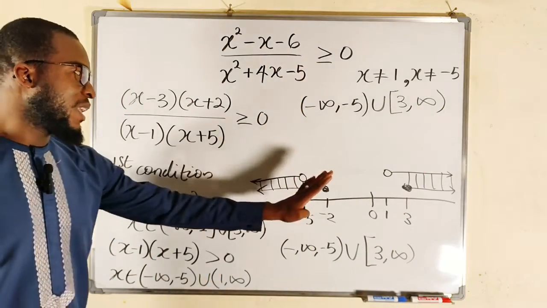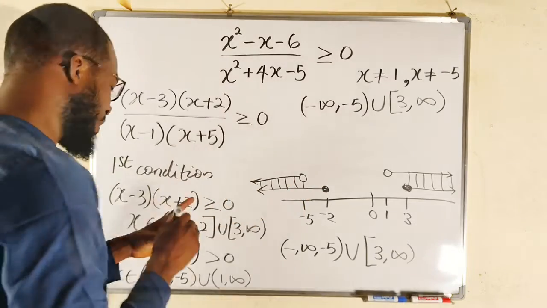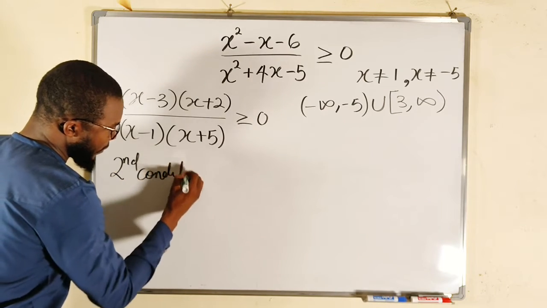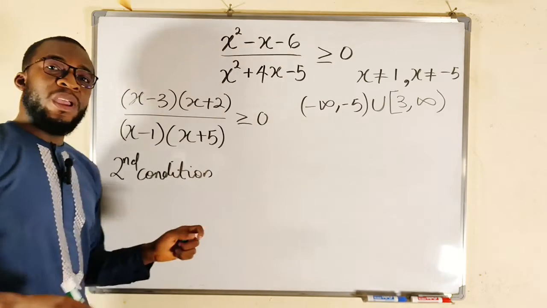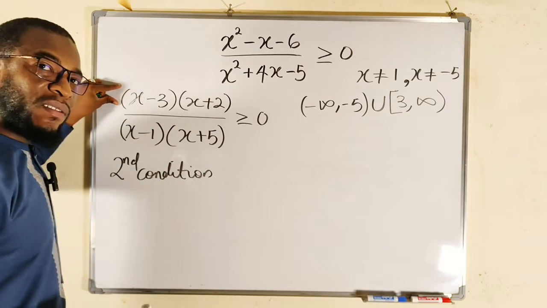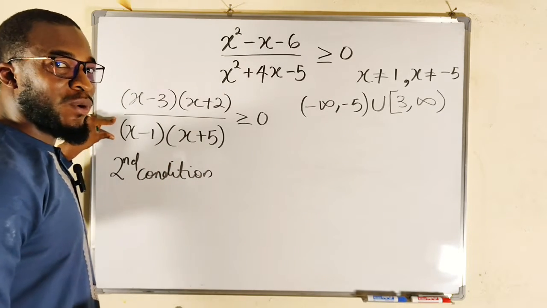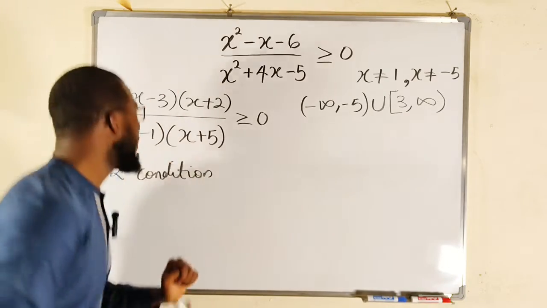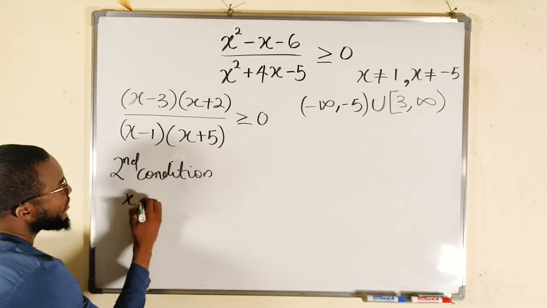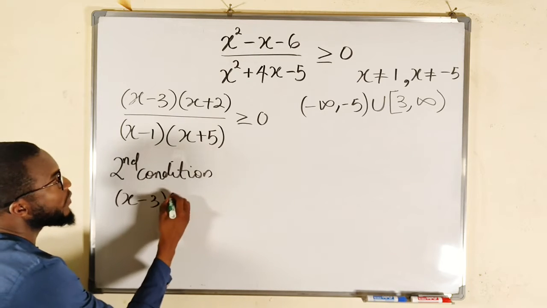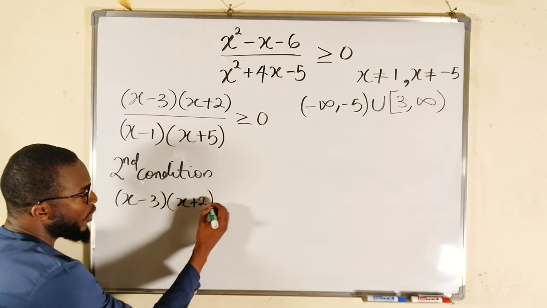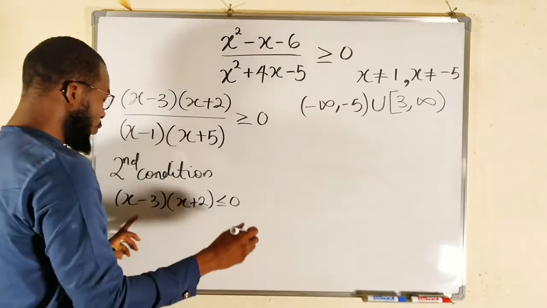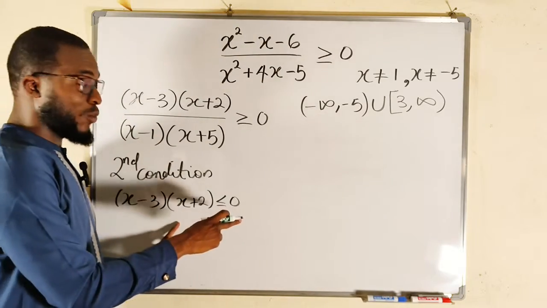Let me wipe everything here and take the second condition. Then the second condition is either this is less than 0, likewise this is less than 0. If they are both negative, if you divide them, you shall obtain positive because this is positive. So we have x minus 3 multiplied by x plus 2. The whole of this should be less than or equal to 0. And what are the roots? The roots will be 3 and -2.